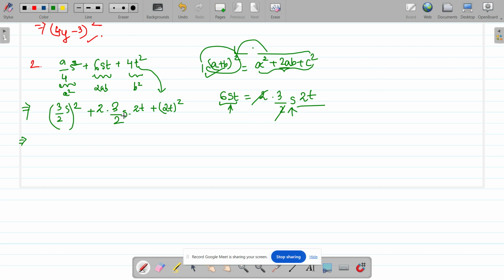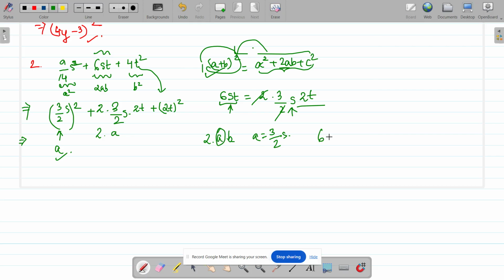That's what I am trying to make you understand: here we have 2 into a. We have calculated a from this 9 by 4 s square. We can write 9 by 4 s square as (3 by 2 s) whole square, right? So here we have found a, and for the middle term 6st, we have to find 2 into a into b, and we have already found a, that is a is equal to 3 by 2 s. We can write here 2 into 3 by 2 s, right?